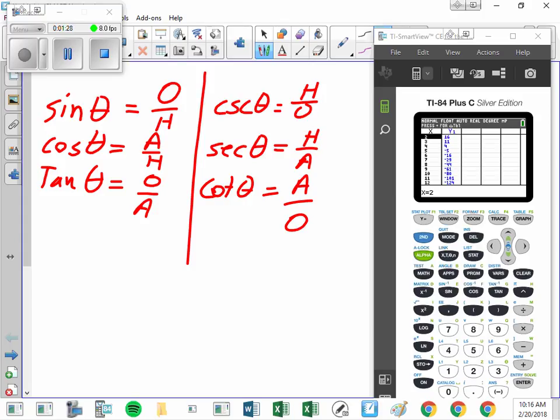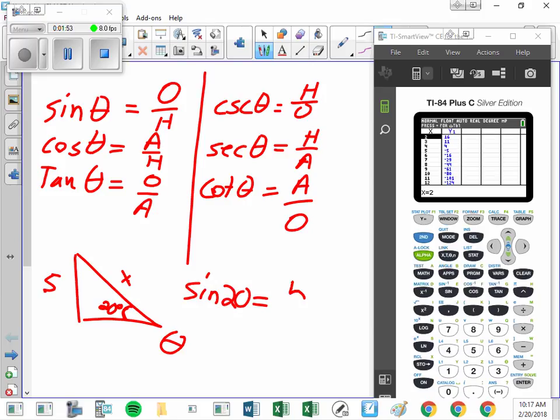If I had a right triangle and I had 5 and 20 degrees, how would I find x? Which trig ratio would I use? Sine, because here's theta, that's O, that's H. So the sine of 20 is equal to 5 over x.